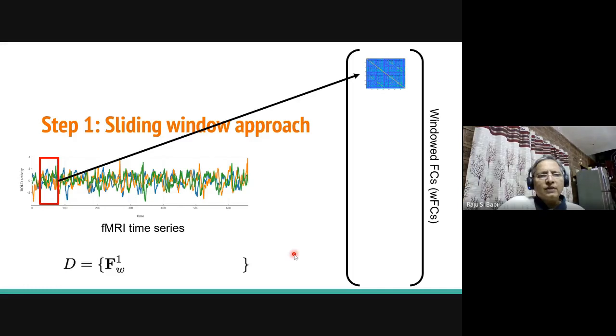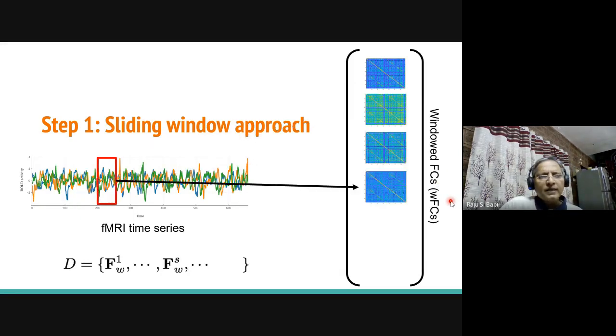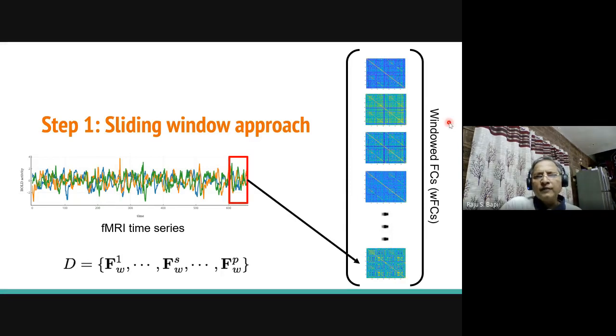Essentially, instead of looking at average functional connectivity, we look at functional connectivity over windows, called windowed functional connectivities, over, let us say, P windows. Across the resting state time series you get a series of functional connectivity matrices called WFCs.